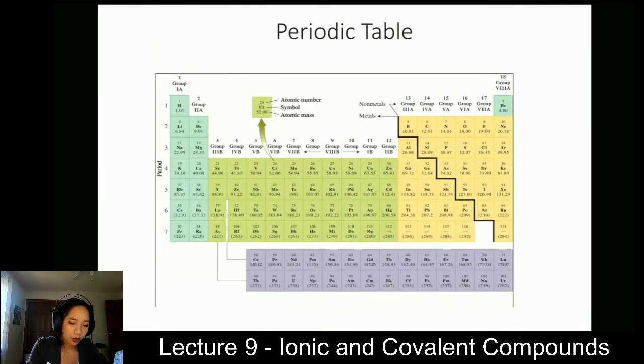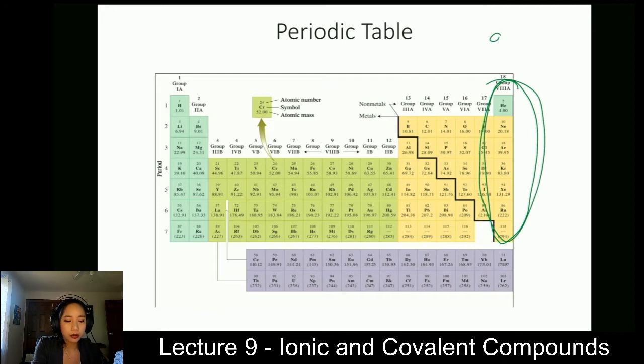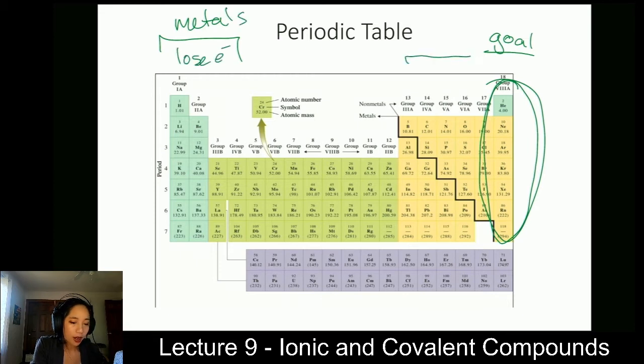So remember, the goal for predicting charges of monoatomic atoms, to predict their ions, is to see how many steps it is to the closest noble gas. Typically, metals on this side lose electrons. Metals lose electrons, while nonmetals gain electrons.